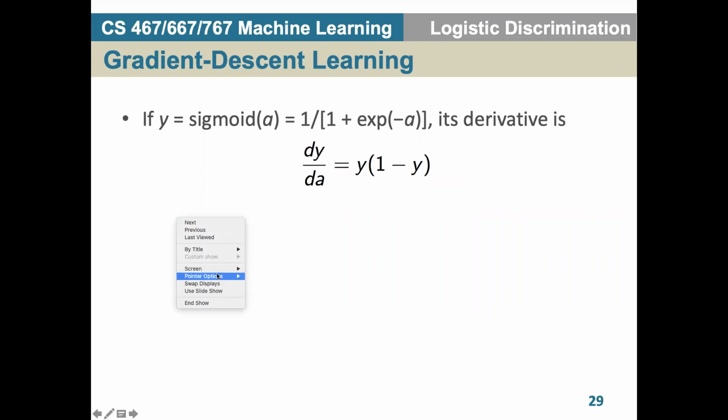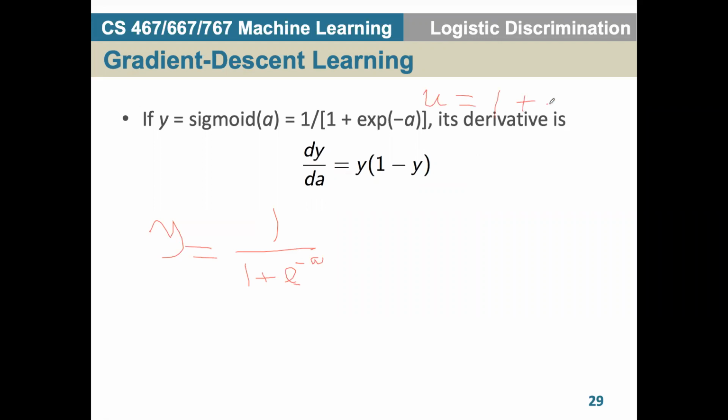So let me take a look. Basically, y is equal to 1 divided by 1 plus e to the minus a. If we use the chain rule, we write u as 1 plus e to the minus a. So y is u to the power of -1. If you take the derivative, the power -1 becomes -2, so it's minus u to the power of -2, times the chain rule: u should take a derivative with respect to a.